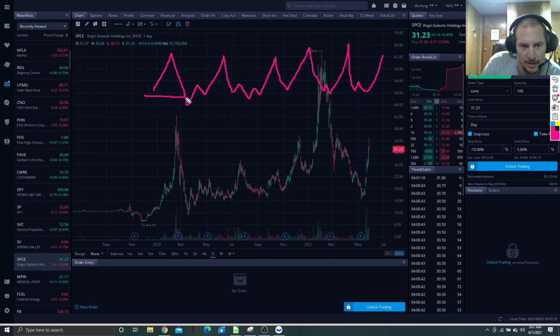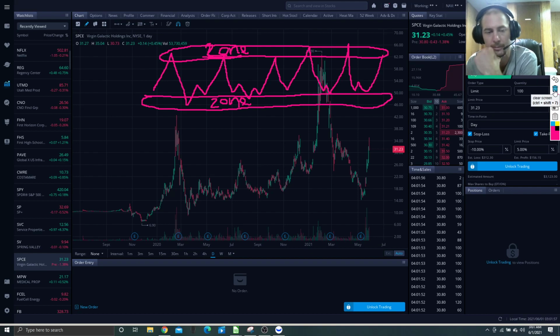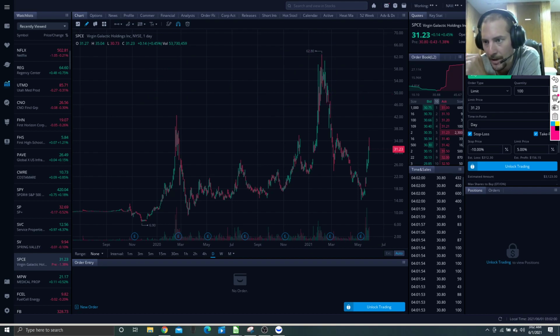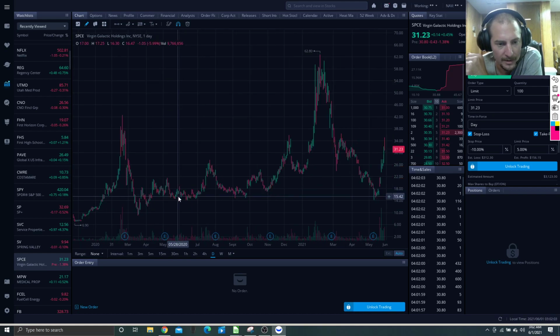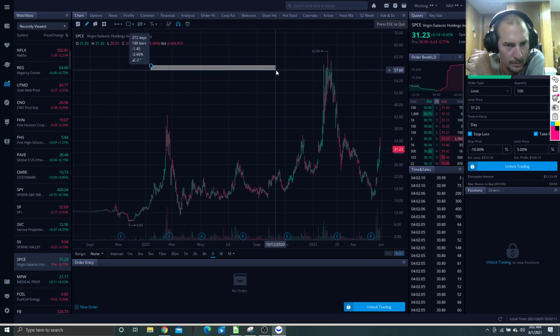But instead of just having a straight line here, we can draw a zone, a support zone and a resistance zone. And I prefer this to just your standard support and resistance levels. And the reason for that is they generally give you more accurate signals. So instead of using our horizontal line tool here, what we're going to be using is this rectangle tool.